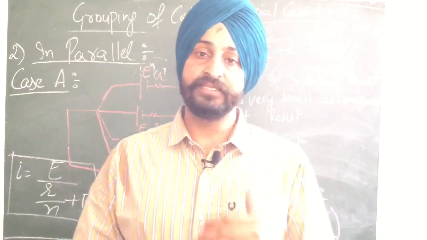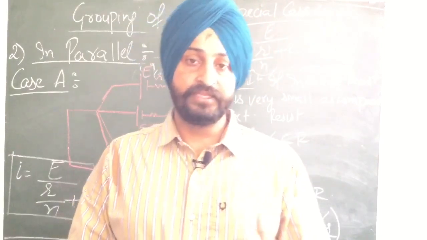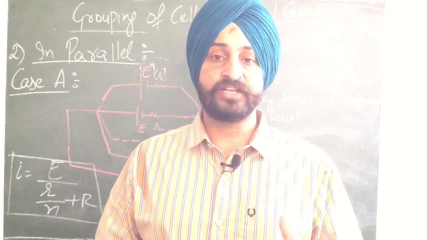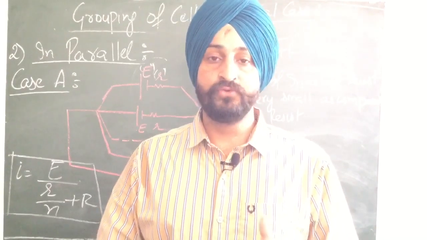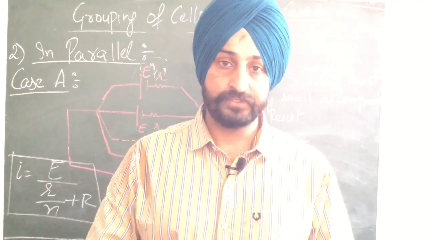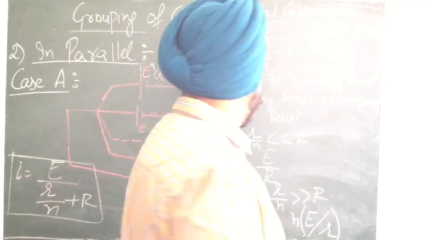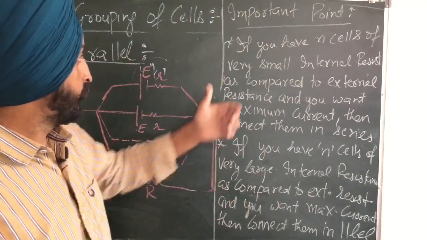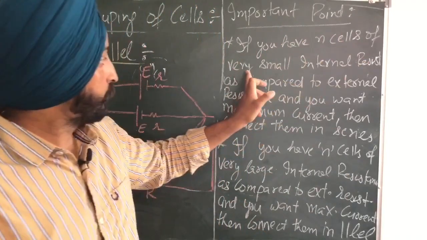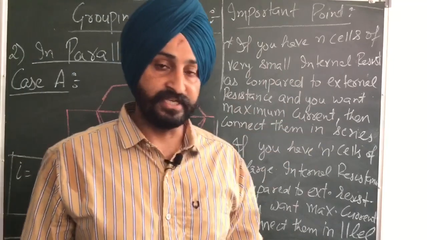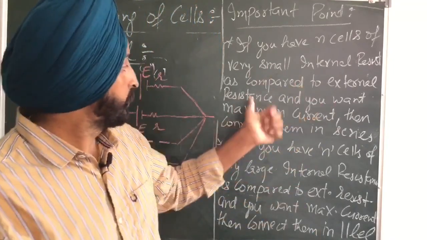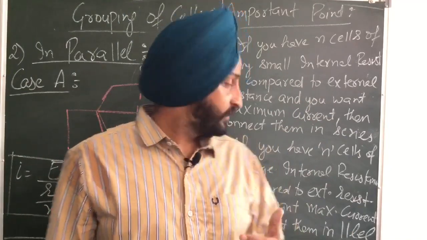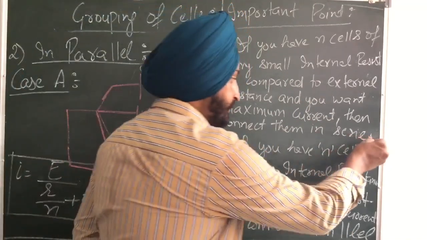But if you are given a number of cells with very large internal resistance and you are asked to extract maximum current from it, then you will be connecting them in parallel. So this point I am going to write over here. The important point that you must keep in your mind is, if you have n cells of very small internal resistance as compared to external resistance and you want to extract maximum current from their combination, then you must connect them in series. Fine.